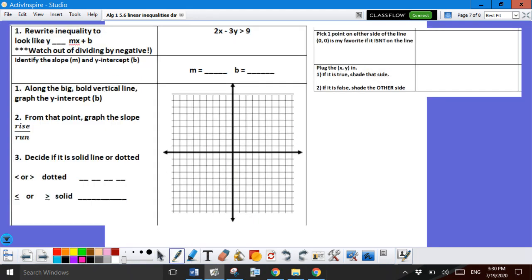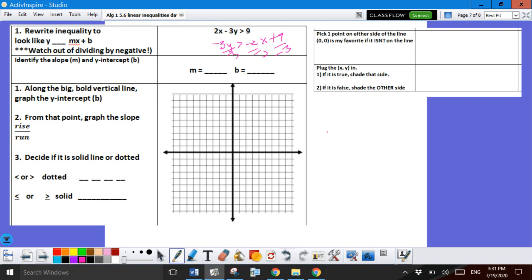All right, let's try this one. So 2x minus 3y greater than 9. Well, first thing I notice is that is not in slope-intercept form, so I better solve for y. So negative 3y greater than negative 2x plus 9, divide by negative 3, and I have to flip my sign.